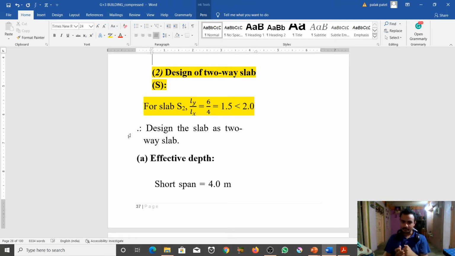So Ly by Lx is 1.5, so the ratio is less than 2, so we design the slab as a two-way slab.